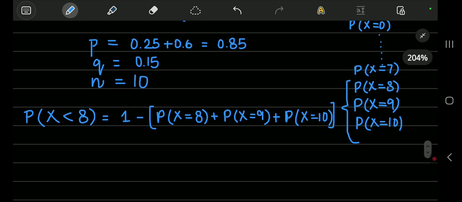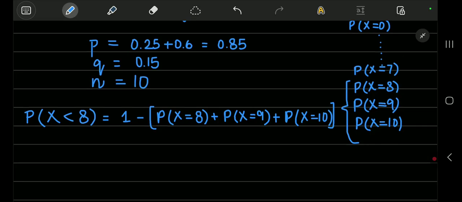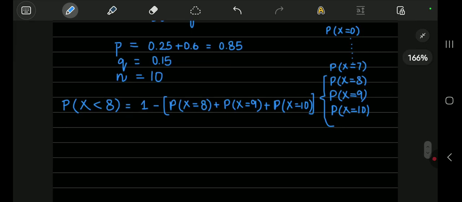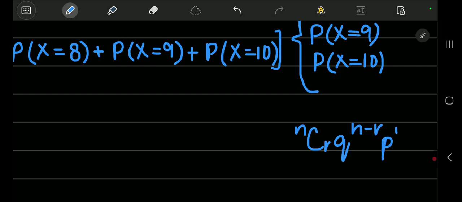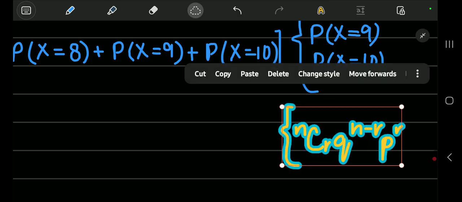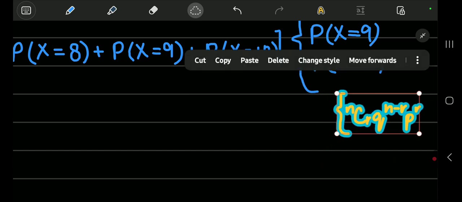Okay, so what is the formula for the binomial distribution? Let's write that also. That is nCr q to the power n minus r and p to the power r. This is your formula for binomial distribution. So let's use it here.